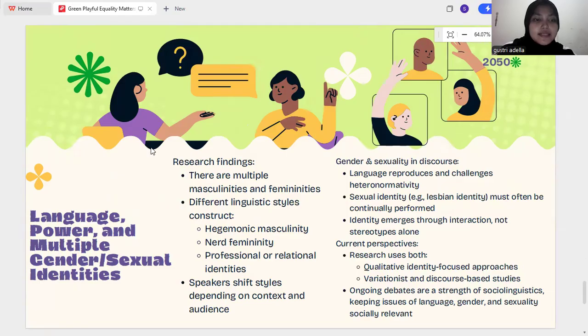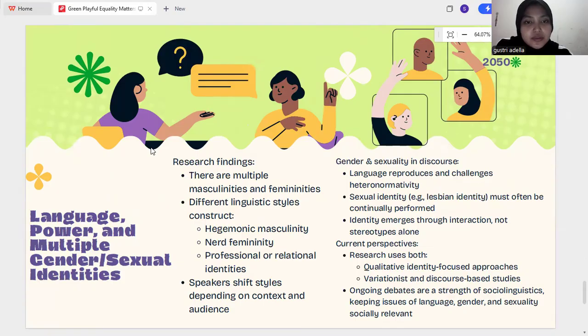The next is language, power, and multiple gender or sexual identities. Research shows that there are multiple masculinities and femininities, not just one.